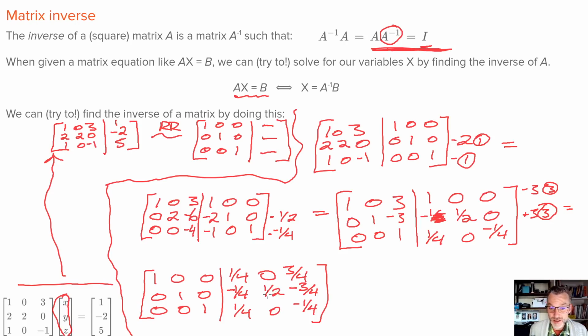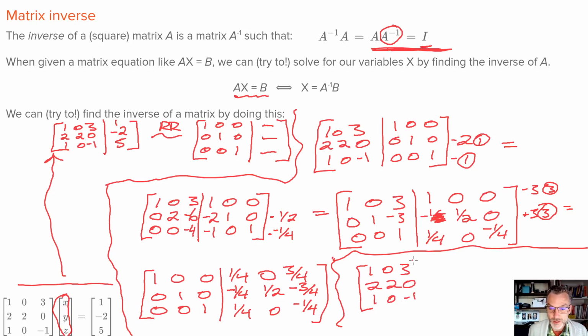Okay, and if you multiply this by this original matrix that we had, you should find that you do in fact get the identity matrix back. So I could take my 1, 0, 3, 2, 2, 0, 1, 0, minus 1, and I can multiply it by that inverse, what should be the inverse.